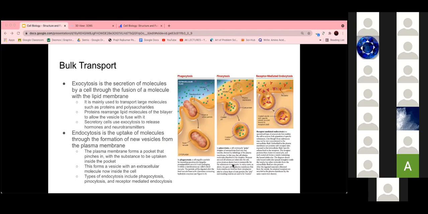On the other hand, endocytosis is the uptake of molecules through the formation of new vesicles from the plasma membrane. The plasma membrane forms a pocket that pinches in with the substance to be taken up inside the pocket, and then that forms a vesicle with the molecule that was outside of the cell now inside the cell. And some of the types of endocytosis include phagocytosis, pinocytosis, and receptor-mediated endocytosis.